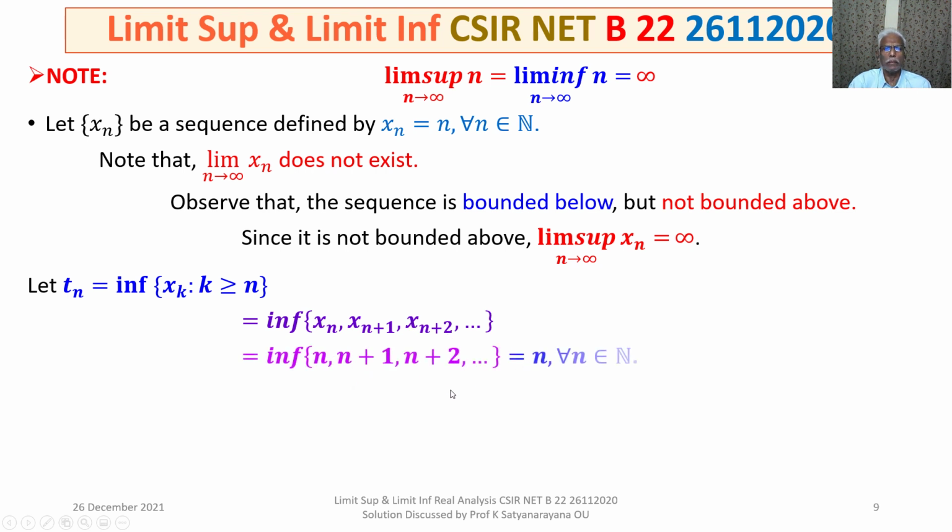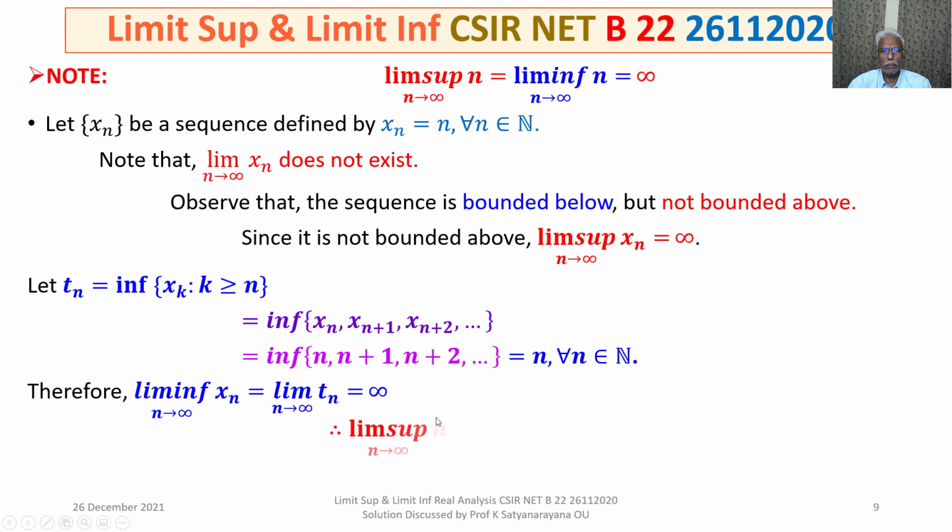The infimum of all those is n, for all n belonging to N, and limit as n tends to infinity of Tn will be infinity, therefore limit inferior of xn is infinity. So in this example, limit superior is equal to limit inferior of n, which is infinity, and this result is needed for the next discussion. Let's get into it.